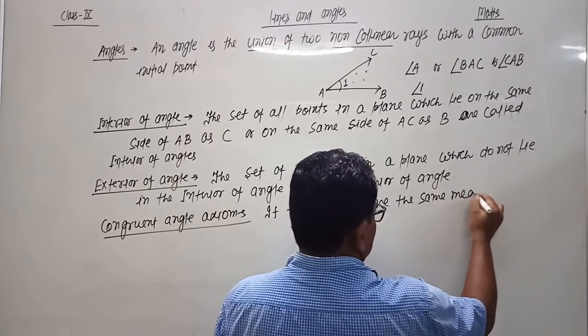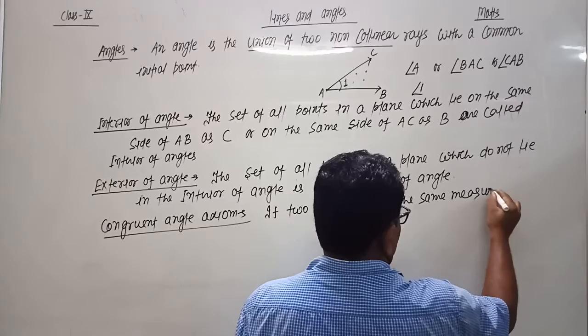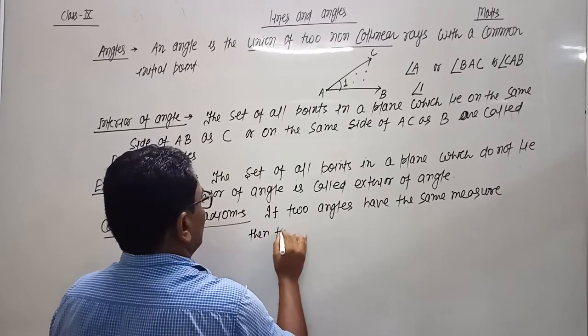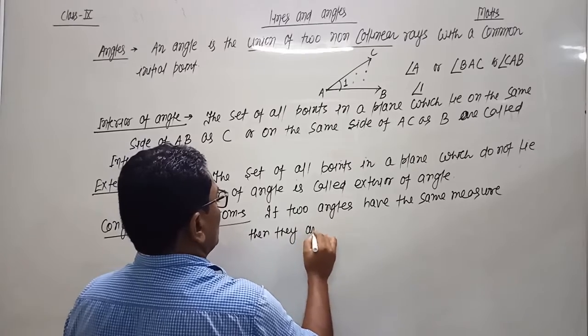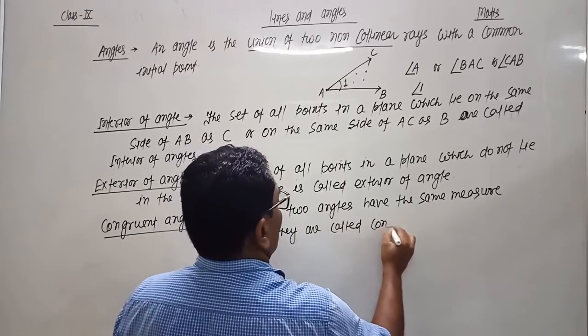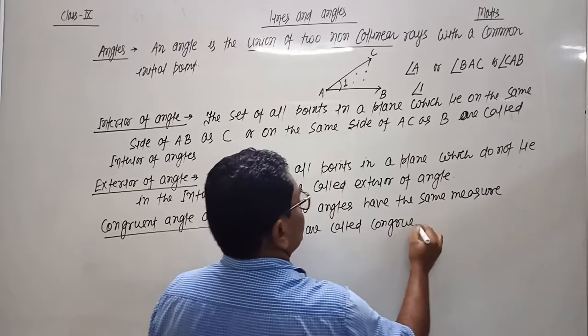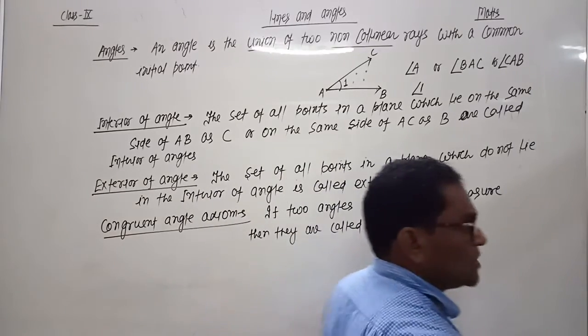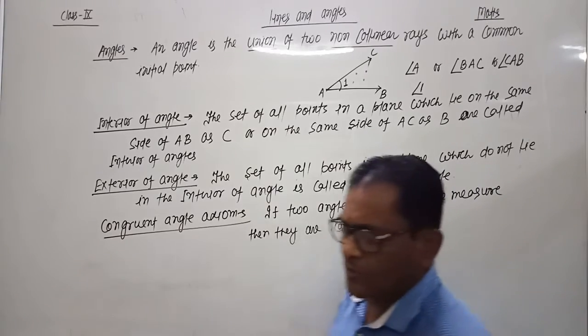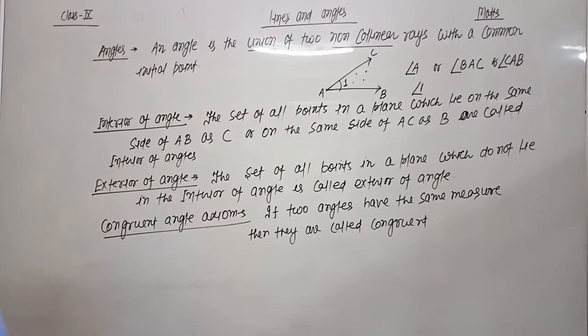If two angles have the same measure, then they are called congruent. When two angles have the same measure, then they are called congruent.